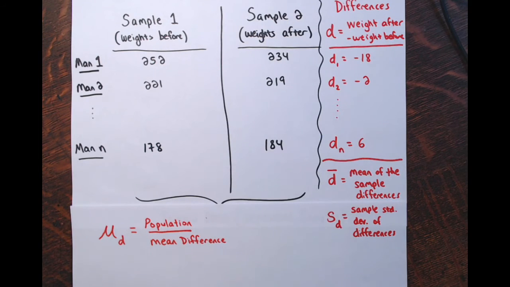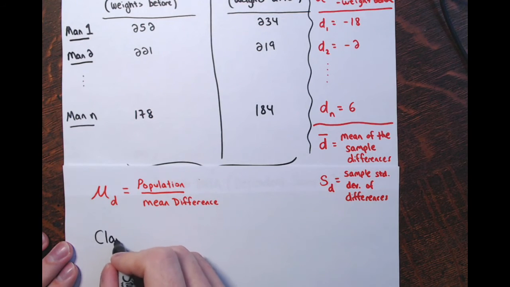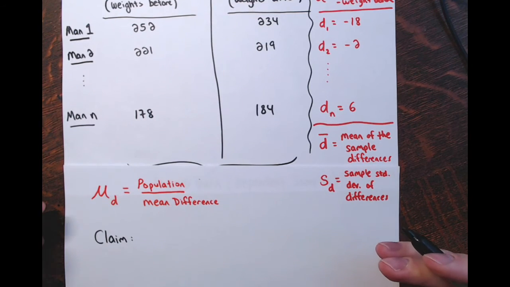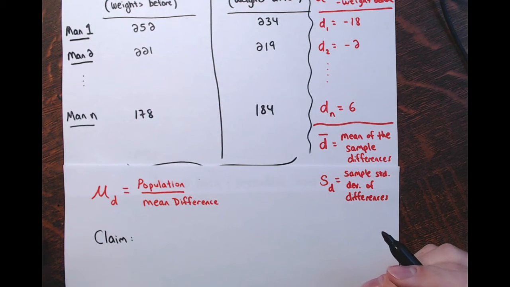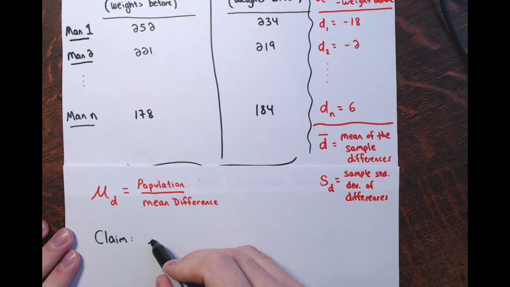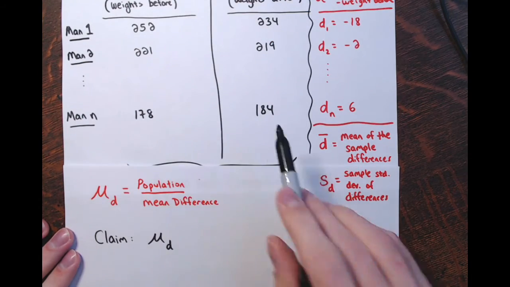Okay. All right, and then as with every hypothesis test, there is a claim or some belief, some statement that's being tested. Now, this physician, it says in the first sentence, wants to determine if this supplement is effective in helping men lose weight. So what she's saying is she's hoping that the average difference for the entire population is negative, right?